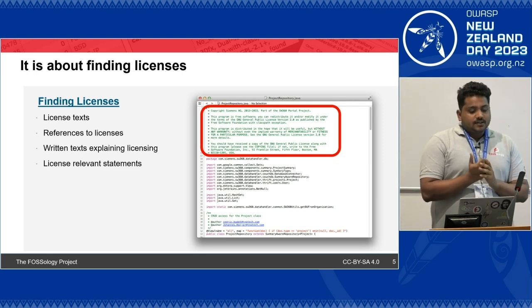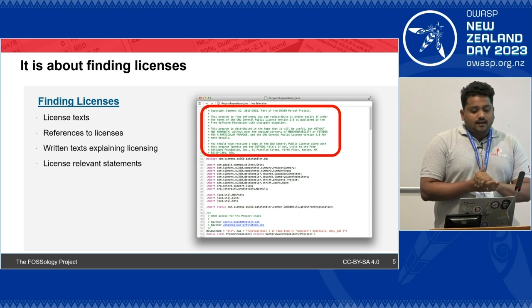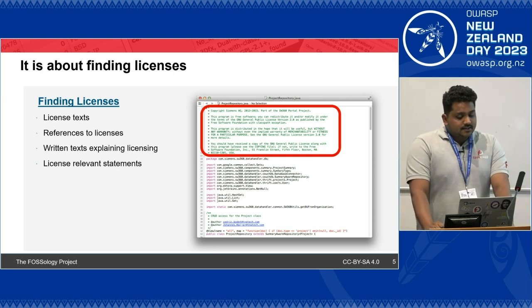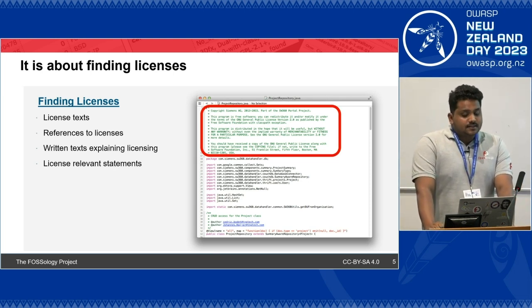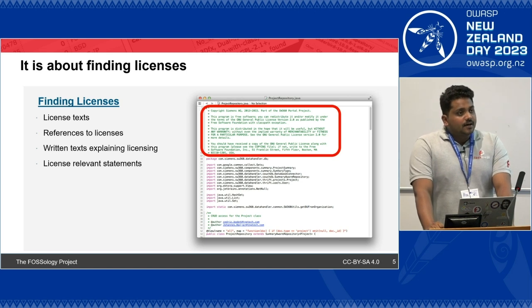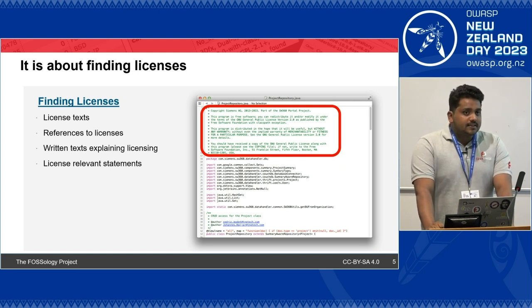So it is very hard. There might be some license text, there might be some reference to the license text, there might be some written statements you need to find, and there might be some license relevant statements. At this point, FOSSology helps you find this.